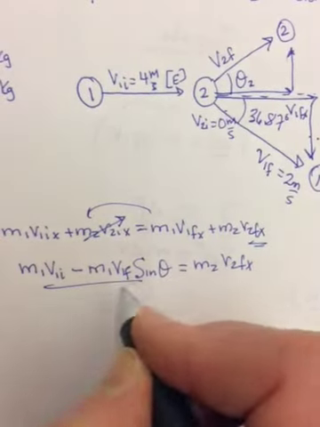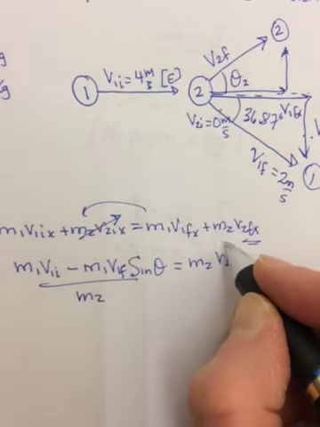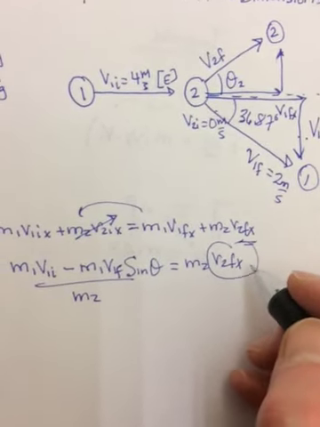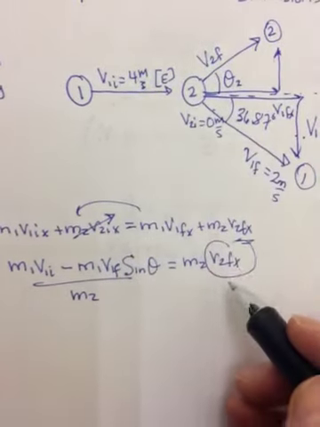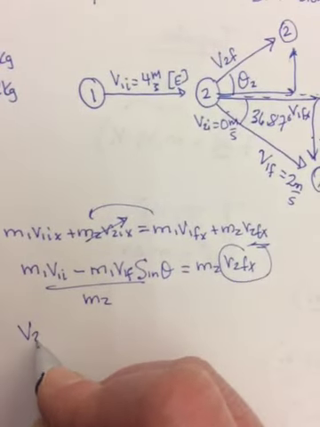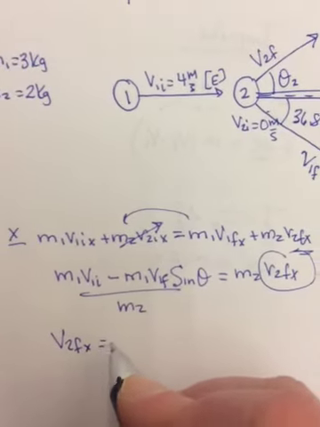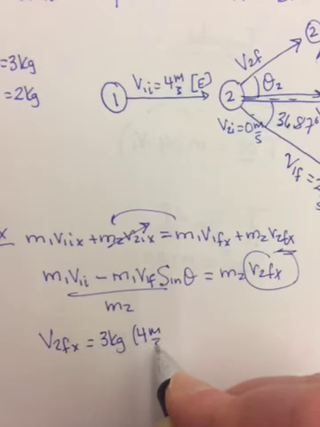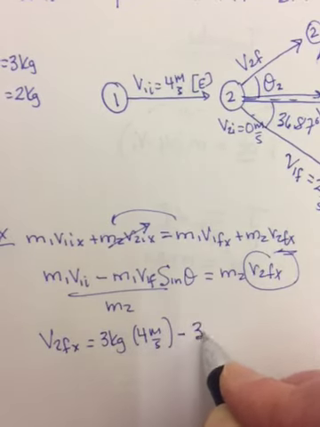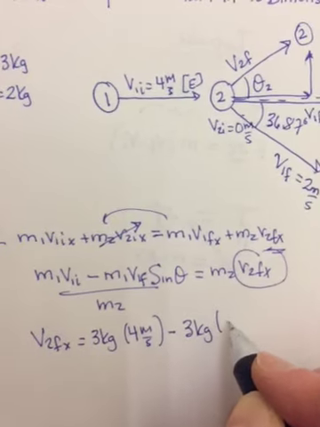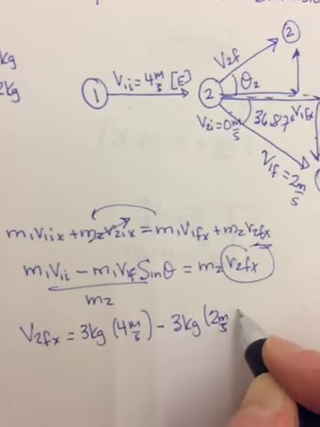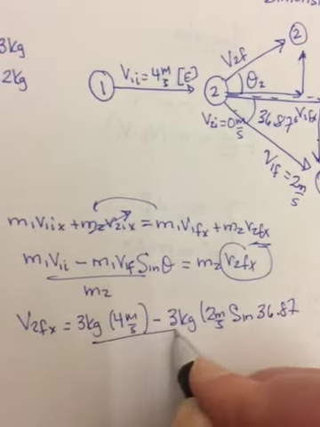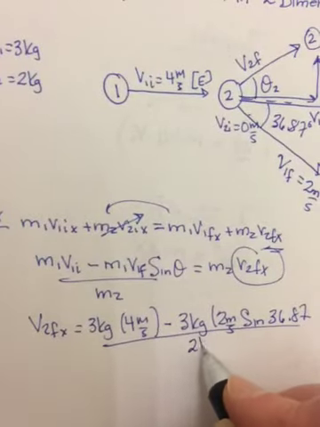Solving for V2 Fx, so divide both sides by M2. Now don't fill V2 F sine theta in for V2 Fx, because that'll give you two unknowns. So just leave it as V2 Fx and solve for it. So V2 Fx equals, M1 was 3 kilograms, V1 initial, 4 meters per second, minus M1, 3 kilograms, V1 final, 2 meters per second, sine of 36.87, divided by M2, which was 2 kilograms.